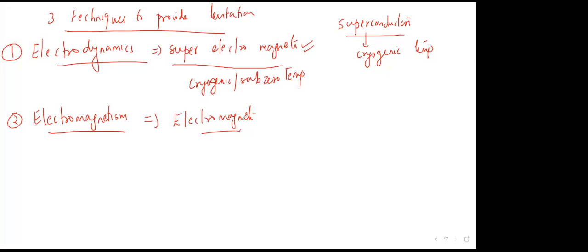Electromagnets are used. So what is an electromagnet? An electromagnet is like a temporary magnet, right? It is not a permanent magnet.